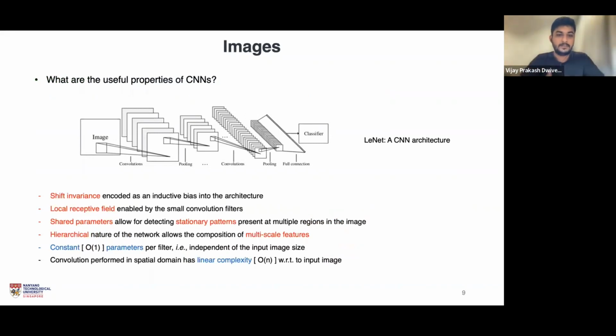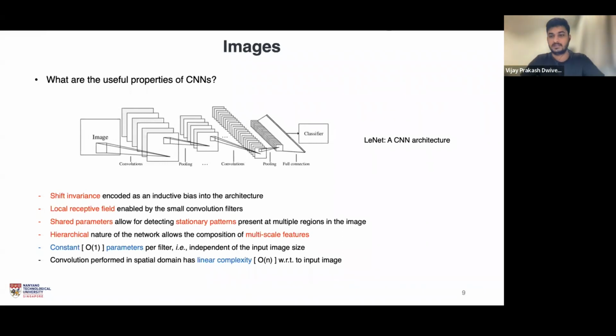As a summary of what a CNN does: first, it has shift invariance and equivariance encoded as an inductive bias into the architecture. The filter kernels enable local receptive fields. This is important for the robustness of the network, because when we experience certain noises in the images, because of the local receptive field, they are not propagated globally, and the network is hence robust to certain noises or perturbations in the image.